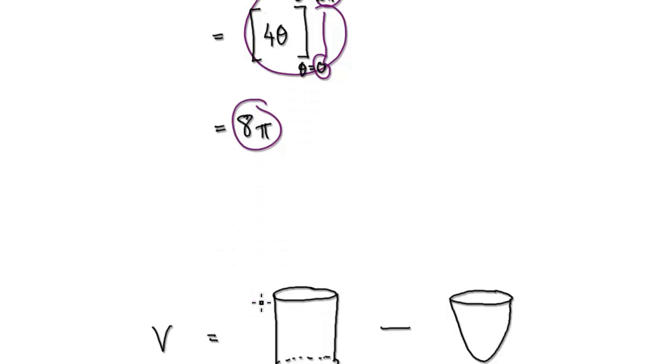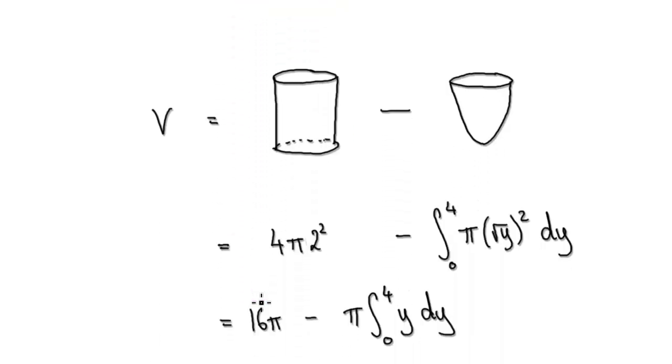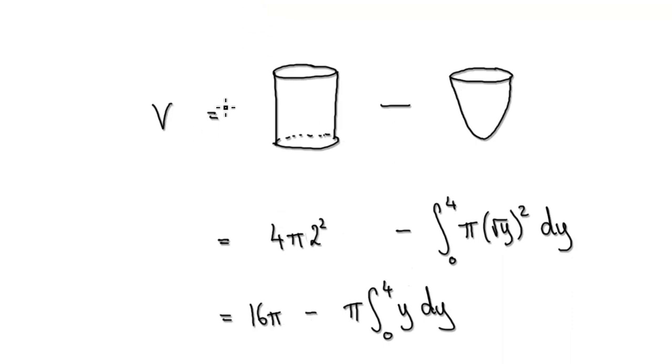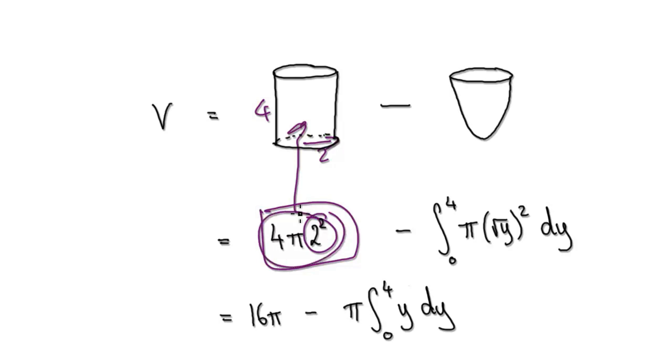Now let's check it with our traditional single variable calculus. Our volume is given by the cylinder, take away this volume here. Using traditional calculus, the cylinder has a radius of 2 and a height of 4, so its volume is this thing here.